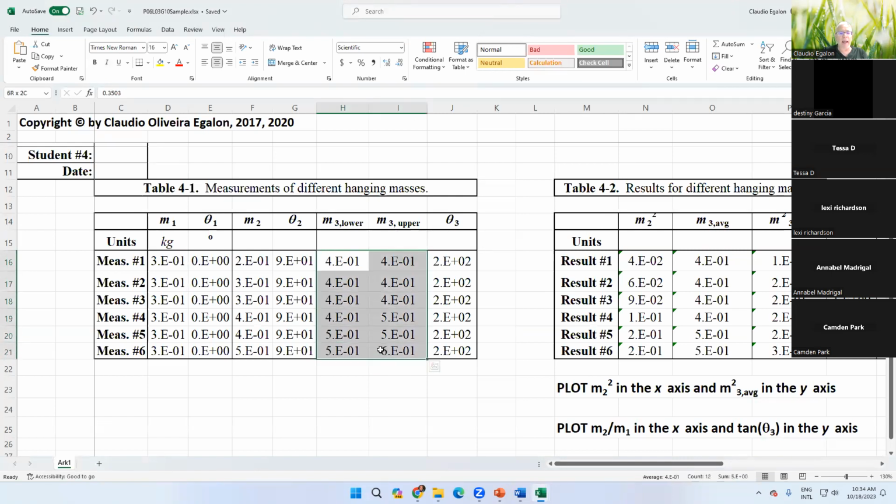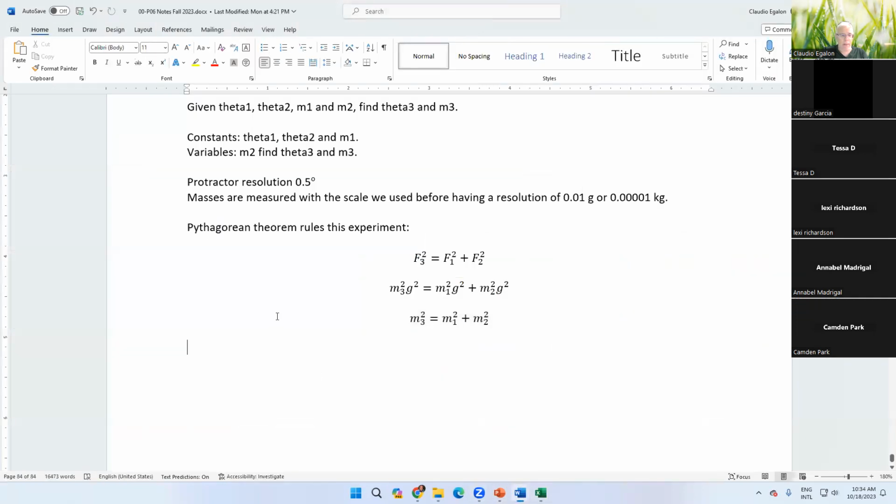We have this range because of the effect of friction. This range of values will be M3 lower and M3 upper.